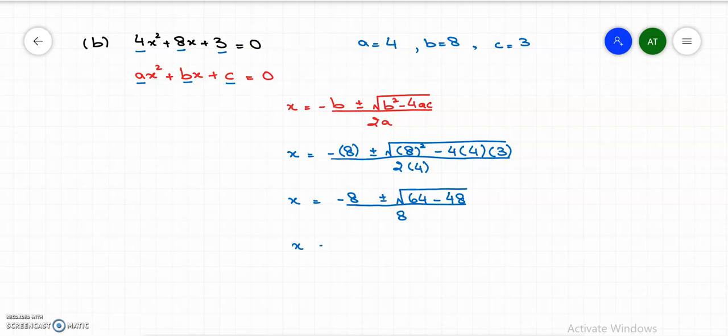Okay, so x is equals to negative 8 plus minus square root, okay, 64 subtract 48 is equals to 16. So we have square root of 16 over 8, and square root of 16 is 4. So x equals to negative 8 plus minus 4 divides 8.